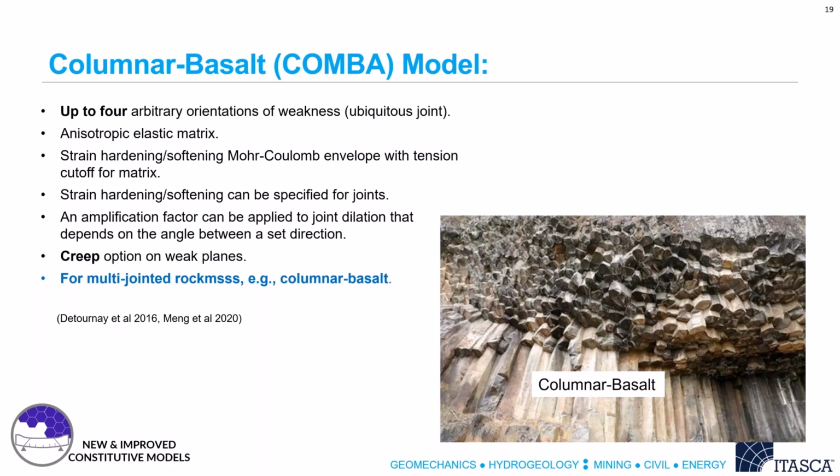This model has an anisotropic elasticity matrix, and also strain hardening, softening, Mohr-Coulomb envelope, and tension cutoff for the matrix, and also strain hardening, softening for the joints, and also an amplification factor that can be applied to the joint dilation that depends on the angle between set directions.